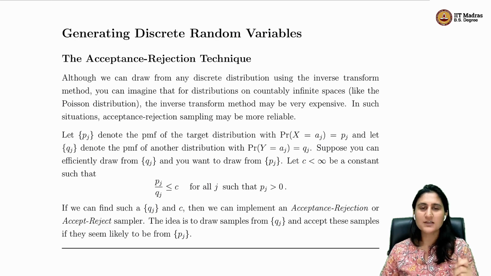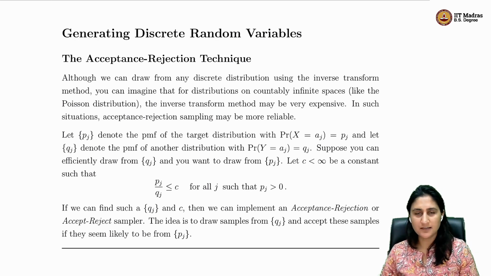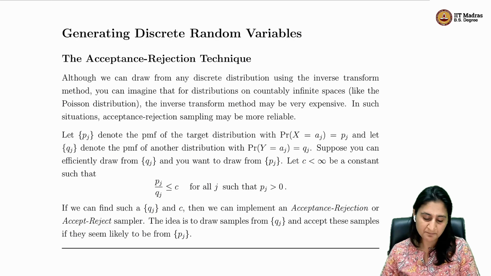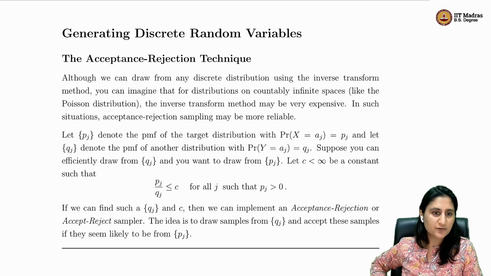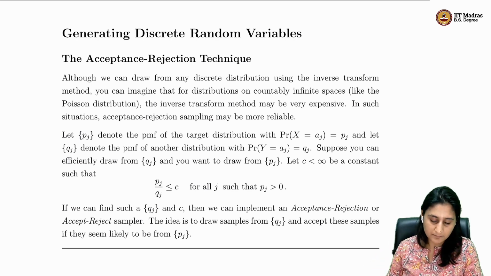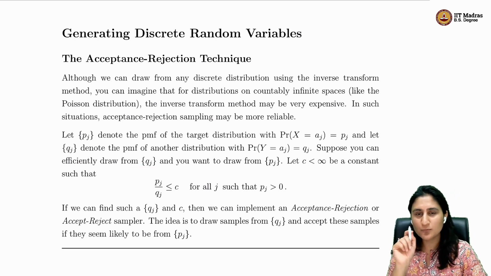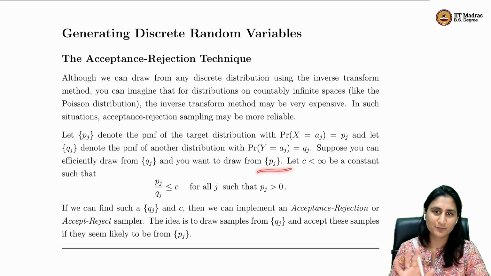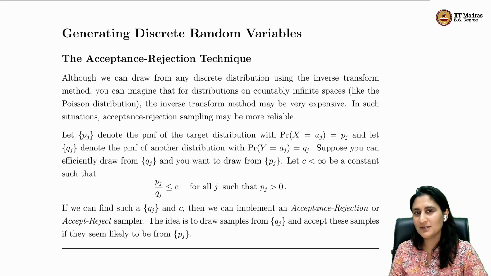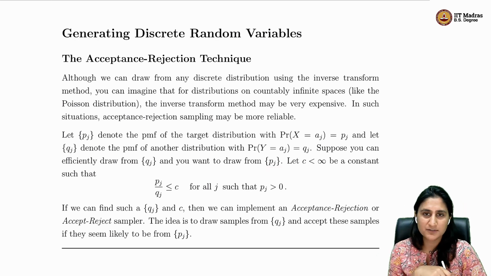Now, suppose that you can efficiently, efficiently being the key, draw samples from the mass function q. So you can draw from q_j, but you actually want to draw from p_j, but q_j is what is available to you.